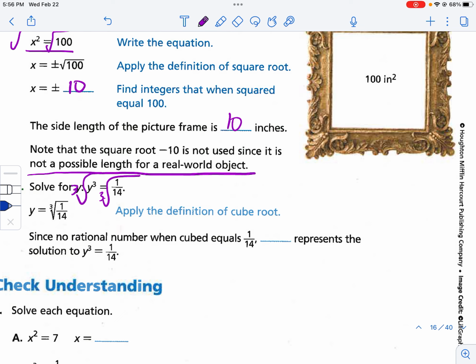Since no rational number, when cubed, equals 1 over 14, the cubed root of 1 over 14 represents the solution to that.